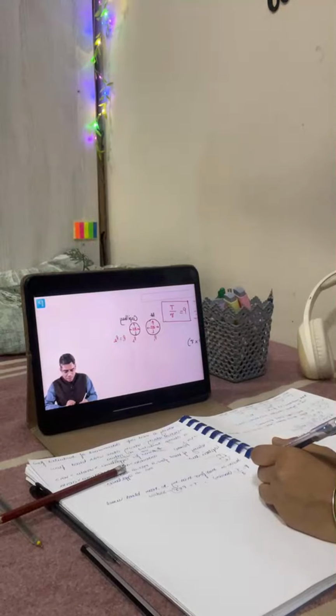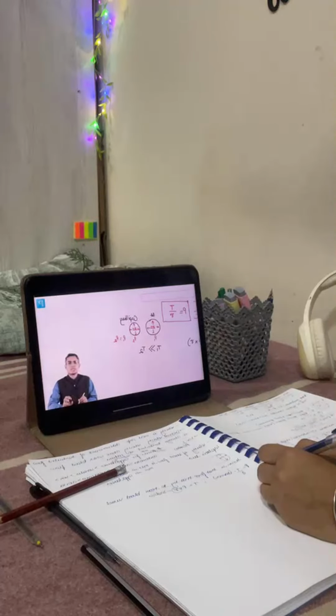But I can easily understand that the tension generated here, T1, will be more than T2, because the tension is the multiplication of luminal pressure by radius.